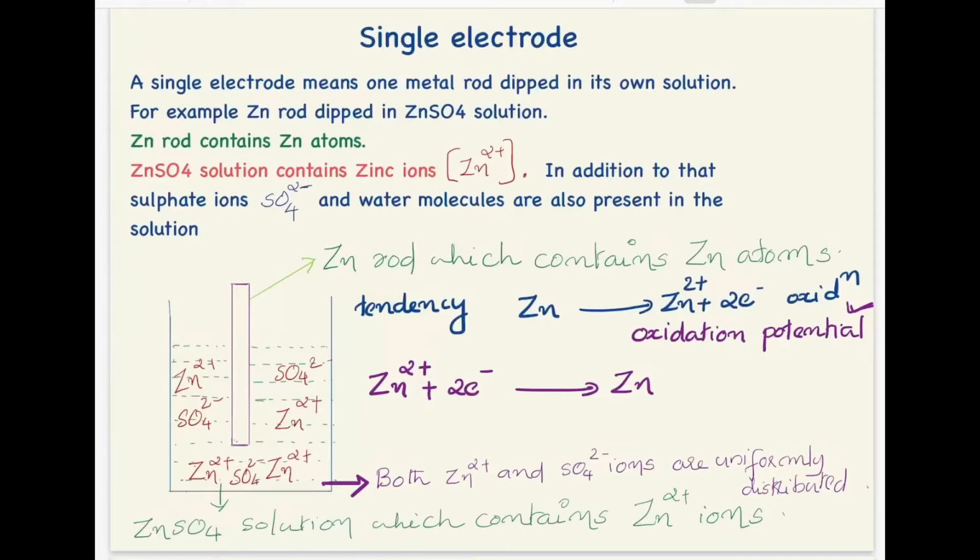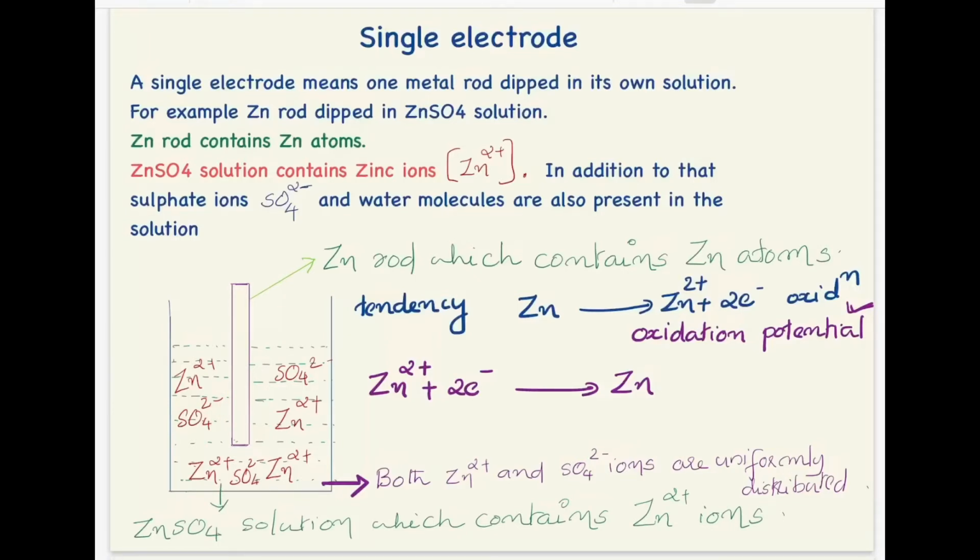So who is having this tendency? Zinc ions in the solution. Zinc atoms cannot stay in the solution. What does it have to do? It has to deposit on the zinc metal rod. Always like this: atoms will go into the metal, ions will go into the solution.